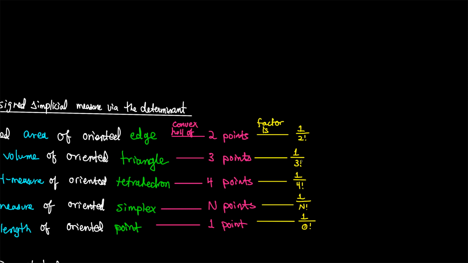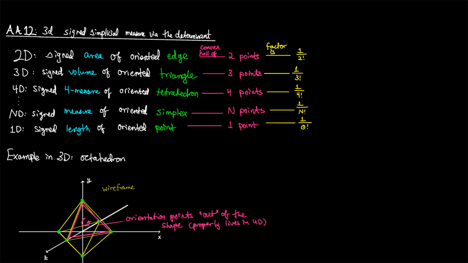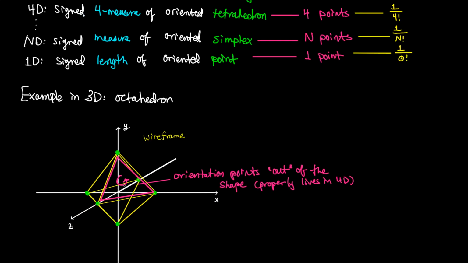And in n dimensions, you multiply by 1 over n factorial. And in 1 dimension, which would be on the line, you would multiply by 1 over 0 factorial, which is equal to 1. So we're going to go over an example just to try to convince you that this works.